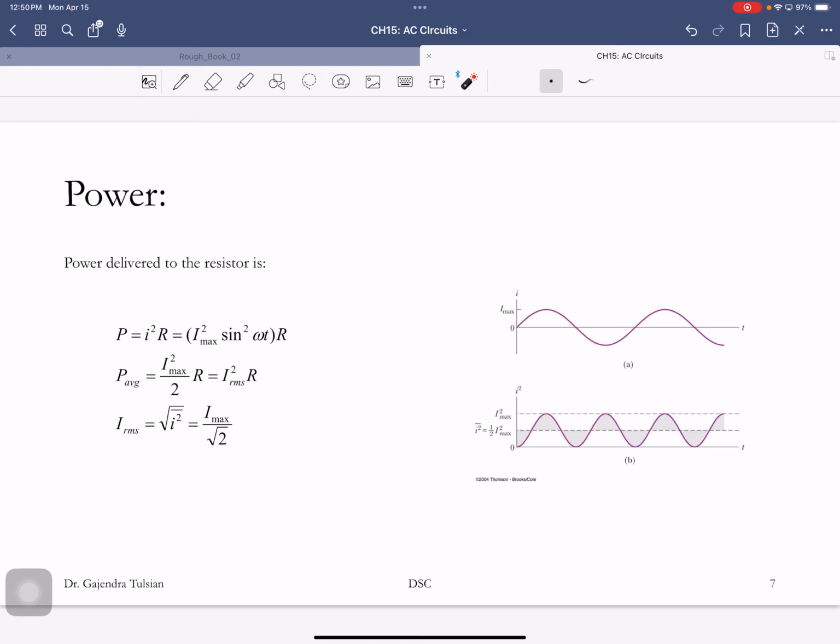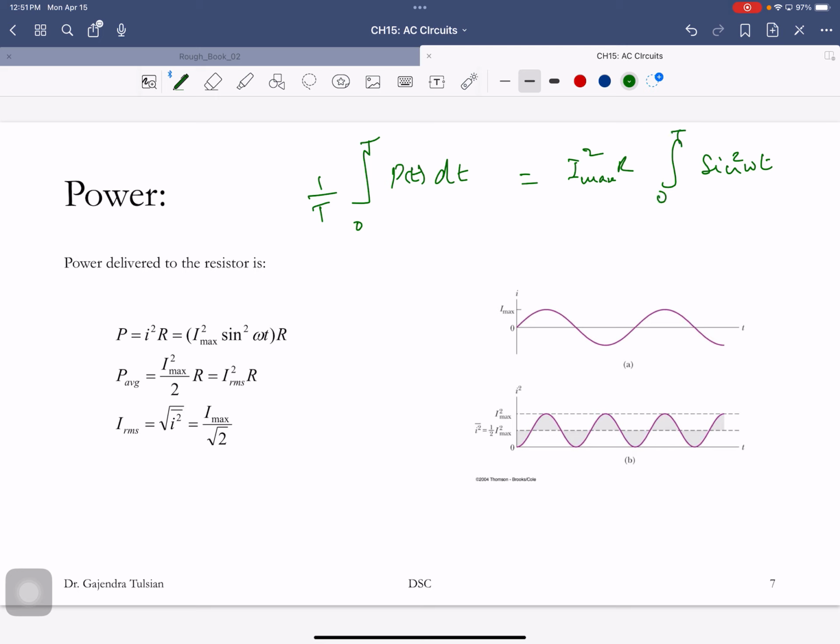If you take the time integral of the power, this is how you would calculate the average power. So this would be I max square R sine square omega t, integrated from 0 to T dt, and omega is 2 pi f, so there is the period.